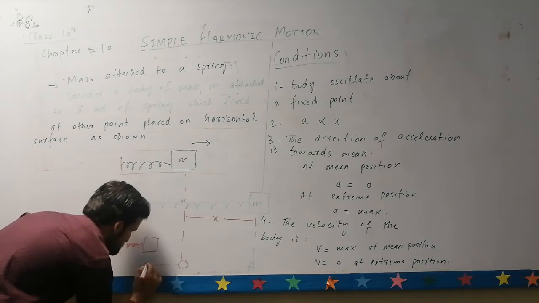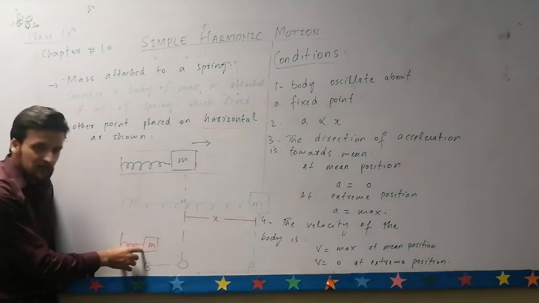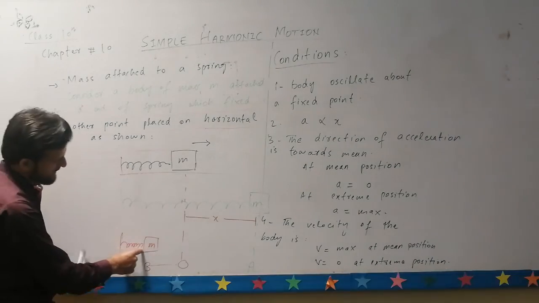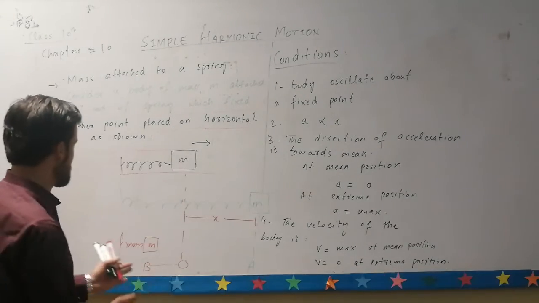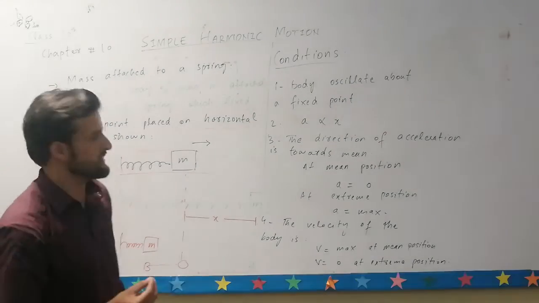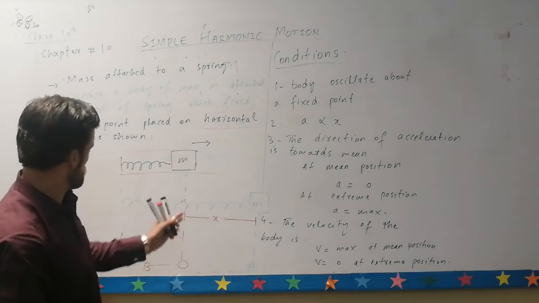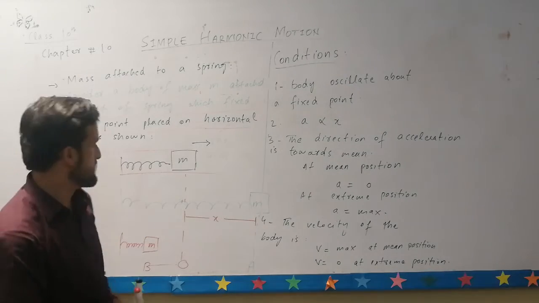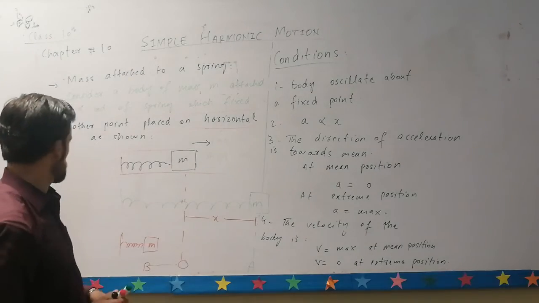This is the extreme position B. Here also a restoring force is produced in the spring which pushes the mass again toward its mean position. Similarly, this mass M oscillates about point O continuously. This motion of the object is known as simple harmonic motion. We say that the mass M is executing simple harmonic motion.